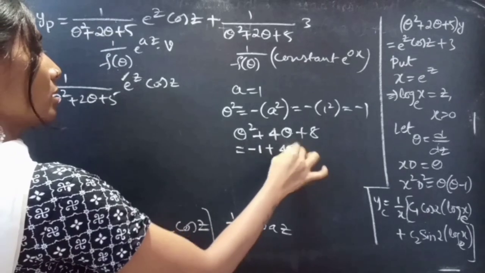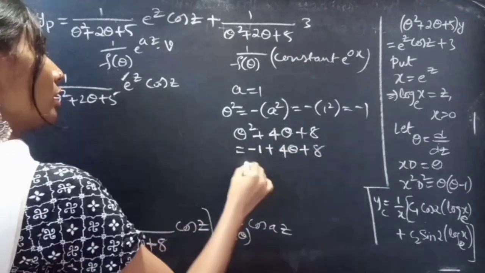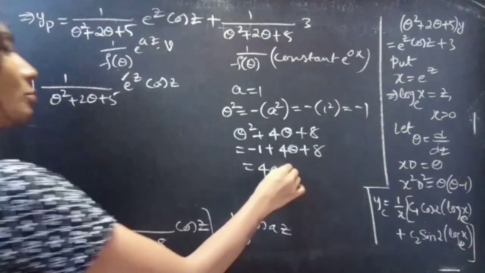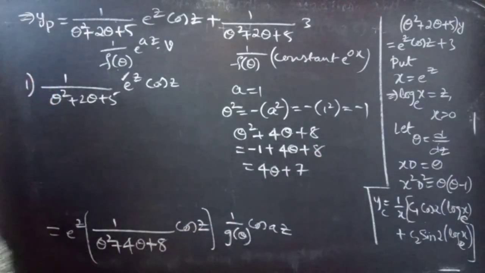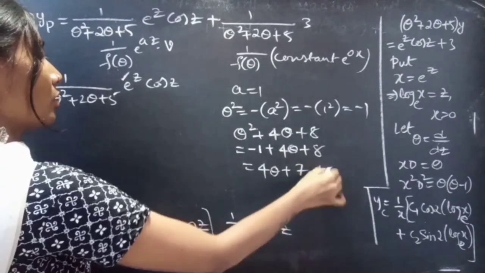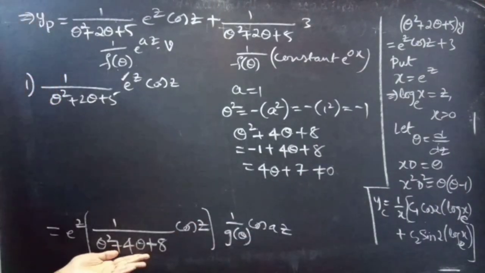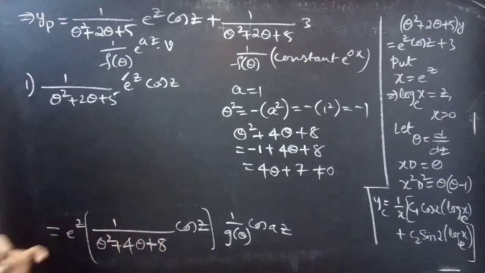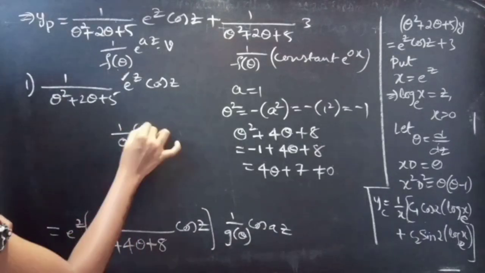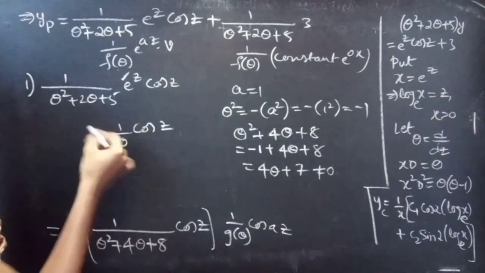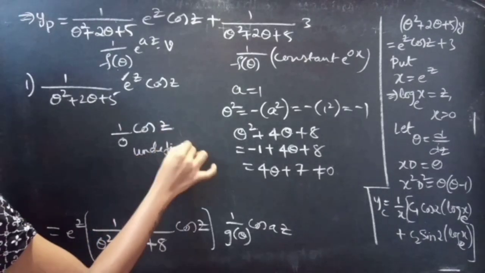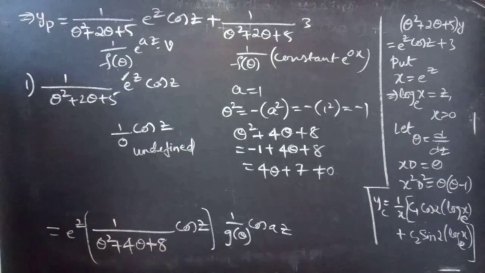I'll get minus 1 plus 4 theta plus 8 equals 4 theta plus 7, right? Which is non-zero. Since the denominator is non-zero, we can replace theta square by minus 1. What happens if the denominator is 0? We'll get 1 by 0 into cos z. Since 1 by 0 is undefined, the total term becomes undefined. So always remember that the denominator must be non-zero.